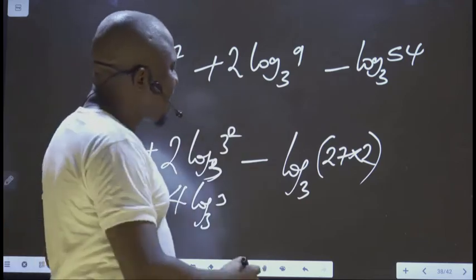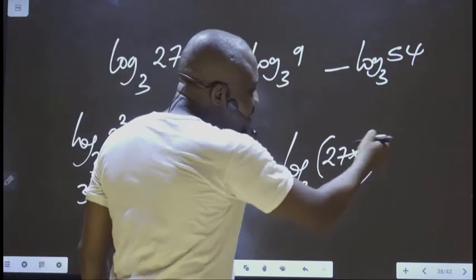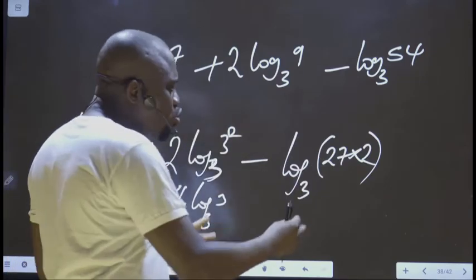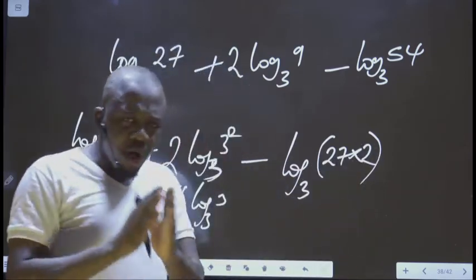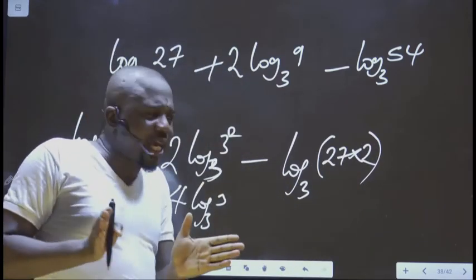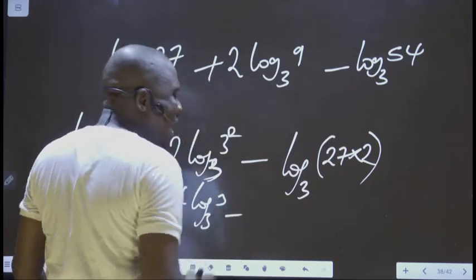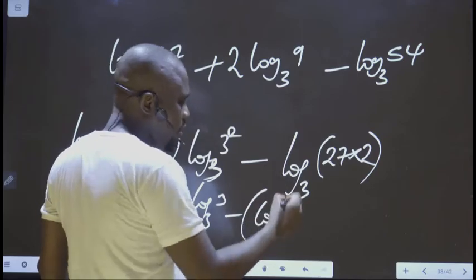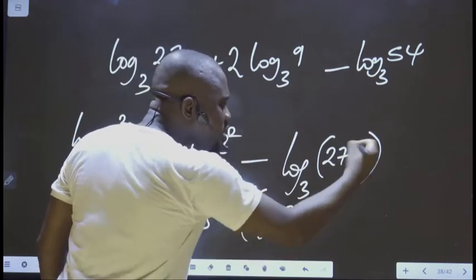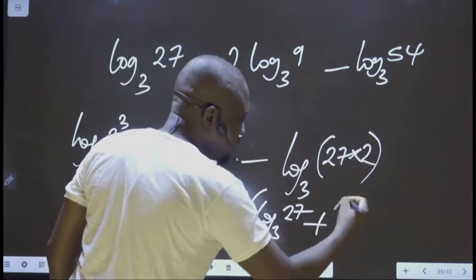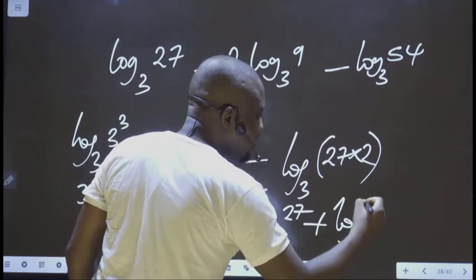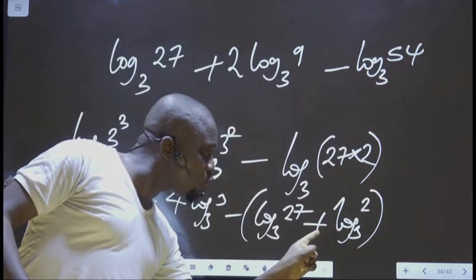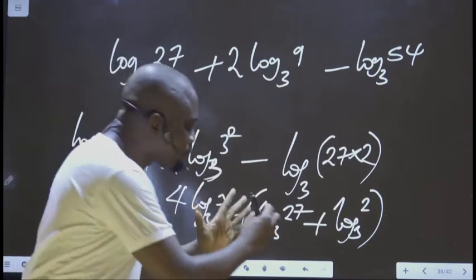Here, if we have this multiplication, if you want to break it, assume 27 and 2, they want to separate. There's enmity between them. What you can do, you say minus log 3, 27. Because of these times, you put plus here, log 3 raised to power 2. Because of these times, I could put this plus here to separate these 2.